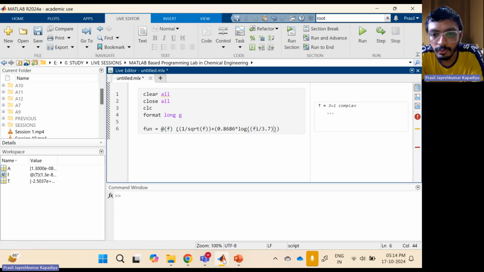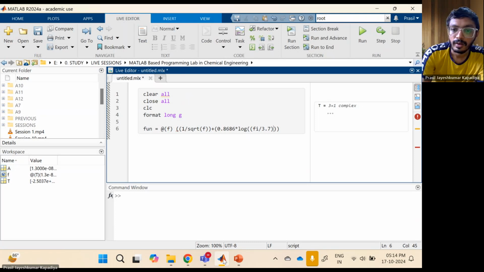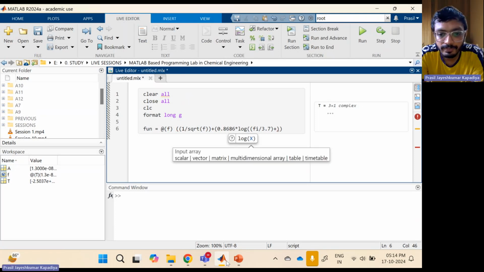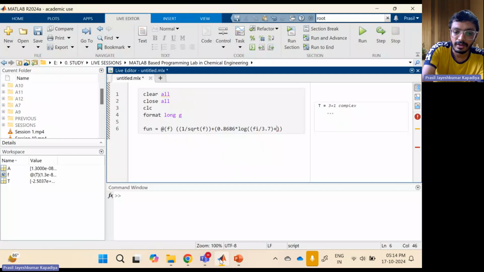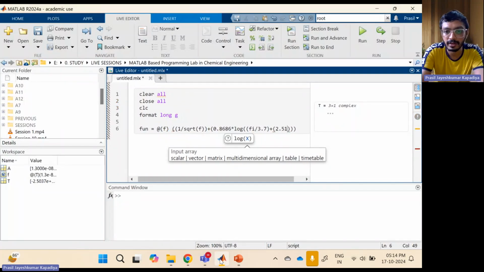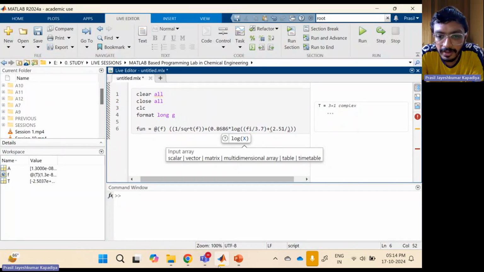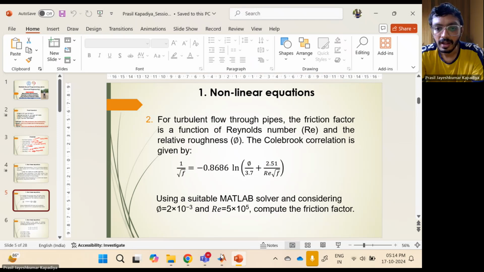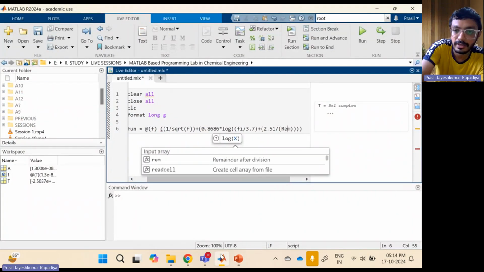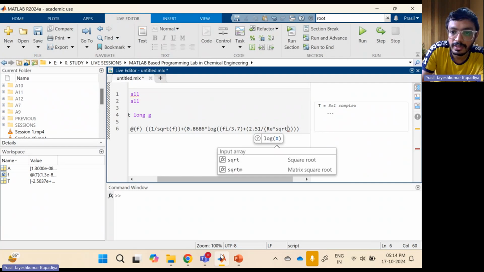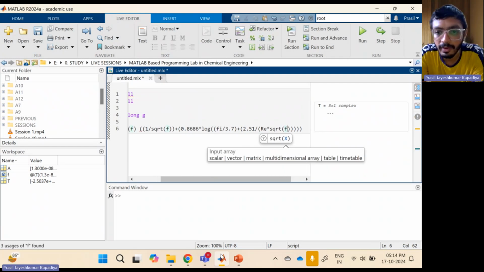So I need to define the value of phi. Plus 2.51 divided by RE into square root of f. So I will use one more bracket, RE into sqrt of f.